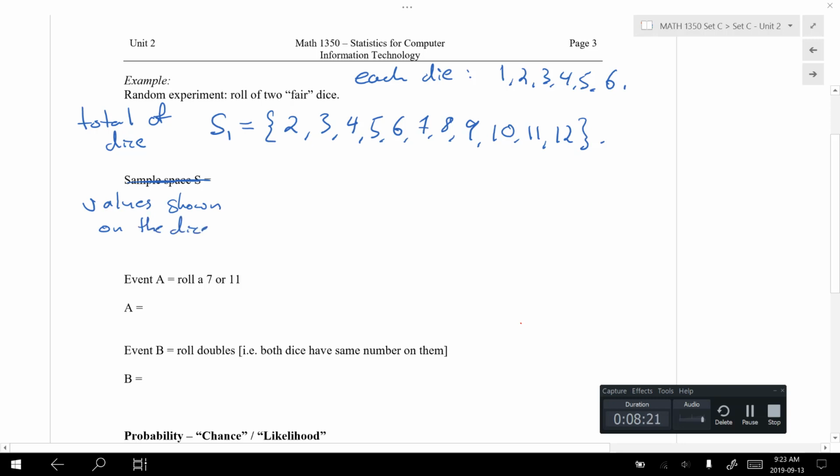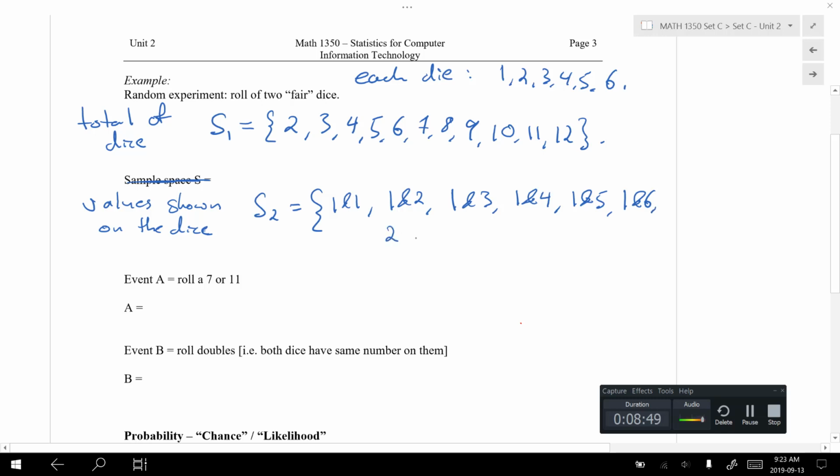So this is kind of like our coin example before. There's a number of possibilities here. You can imagine we could get both ones. We could get a 1 and a 2, a 1 and a 3, 1 and a 4. This continues ad nauseum.